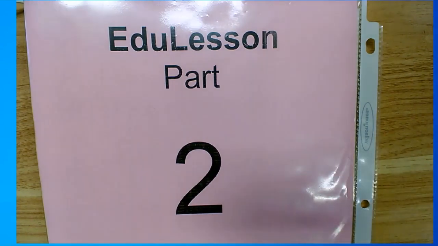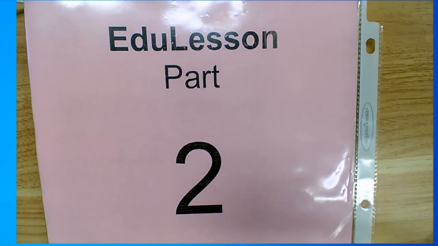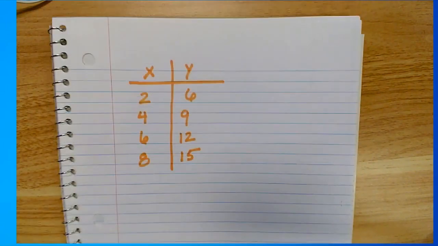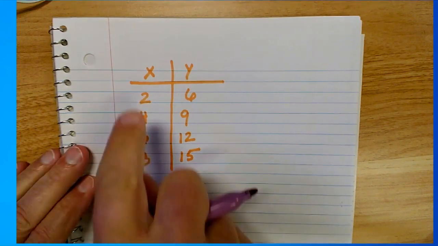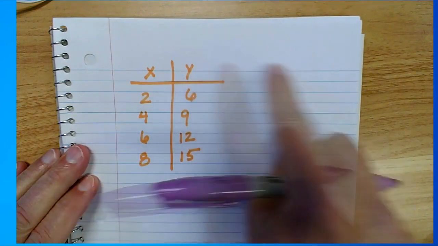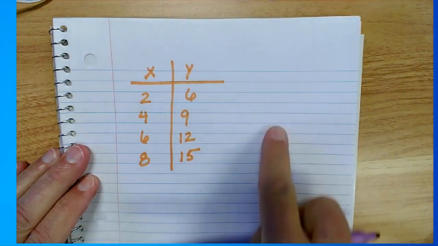Part 2. How do we get the slope from a table? Well, here is a table. If you think about a coordinate system, the x goes like this. This is the x-axis, and the y-axis goes up and down.